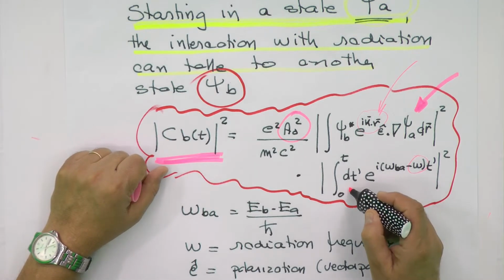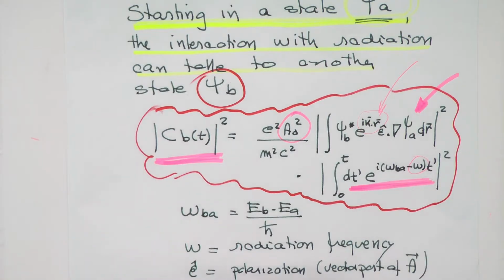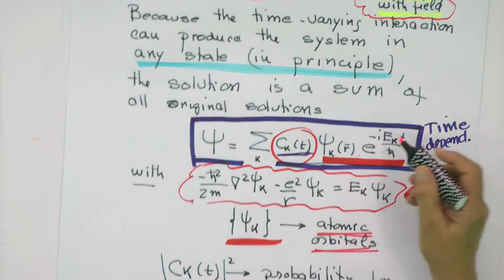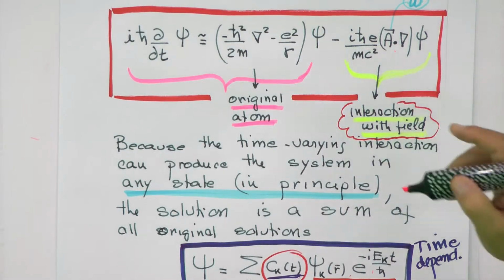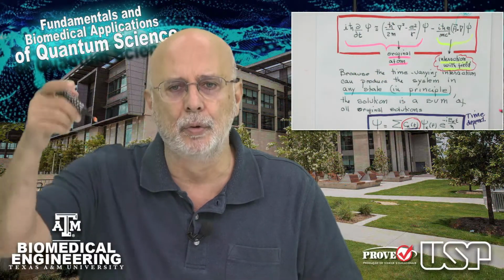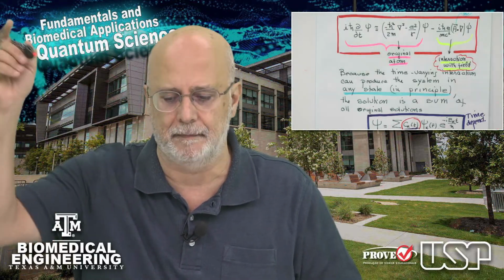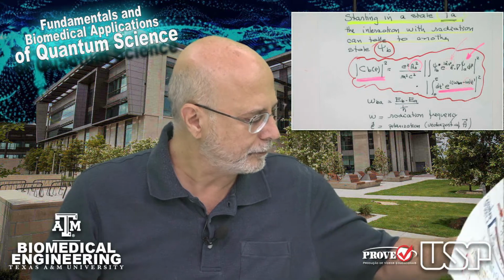And this is what I get, because of all the time variation, they are in the state through this term, and in the A term, e to the exponential of i omega t, right?